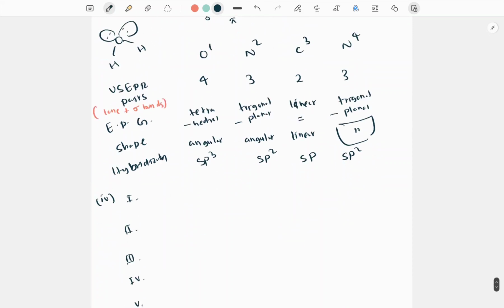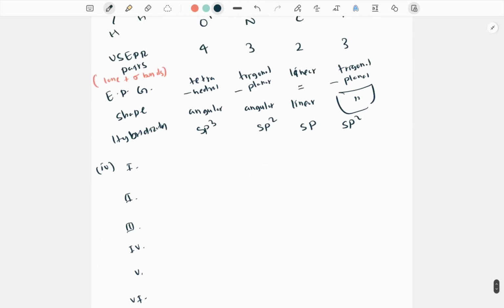I'm drawing the structure again. F, with plus and minus charges.